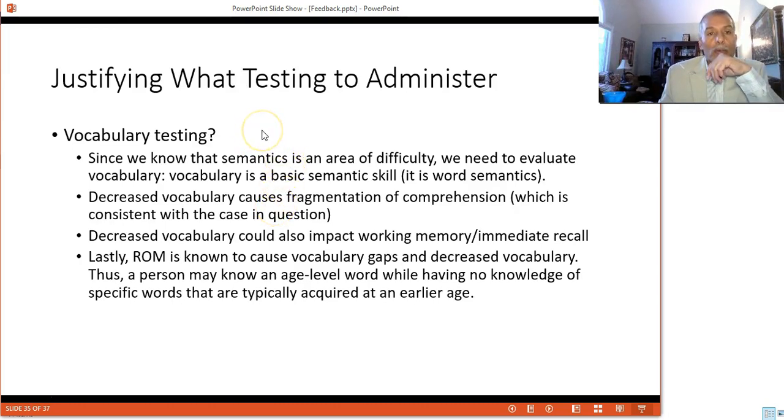In terms of justifying what to test, if you have a test, you need to answer for yourself, why am I choosing this particular test?